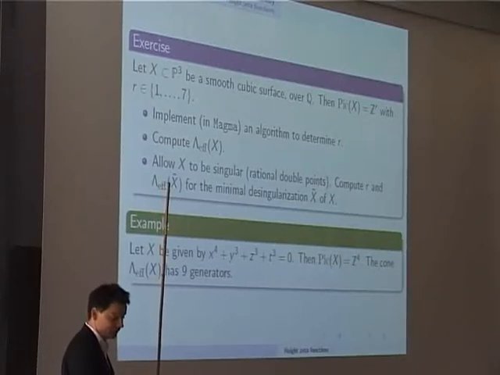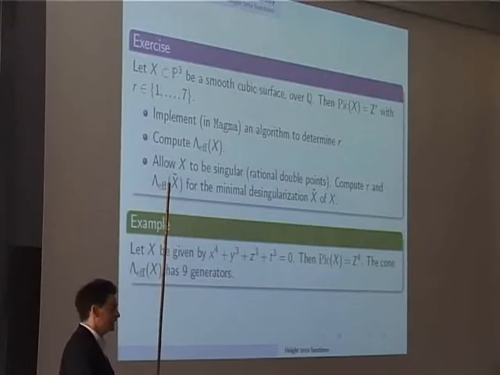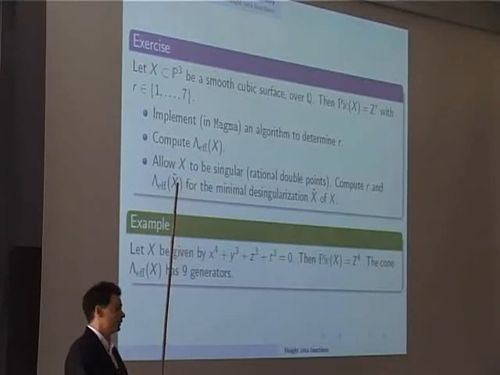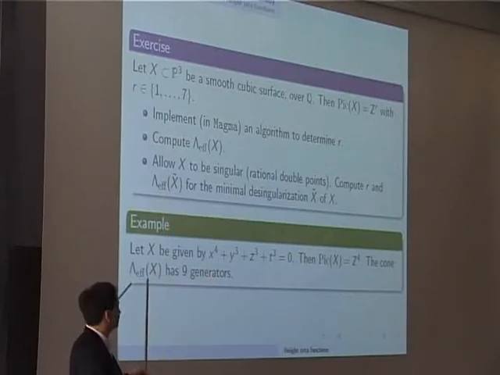All right. Now, why would you want to do that? Well, there are these conjectures about the asymptotic of rational points of bounded height. And some of the ingredients, as we will see later on, are the rank of the Picard group and the effective cone and some numbers derived from that.